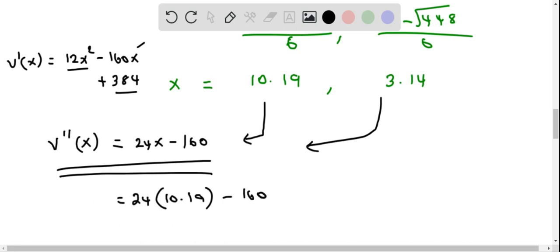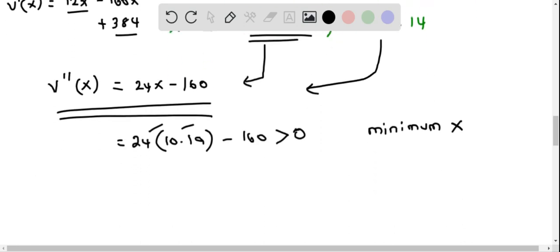This is going to be positive because if we approximate this to 10, 24 times 10 is 240, minus 160 is going to be greater than 0. And if it is greater than 0, according to the second derivative test, it's a point of minimum. So the volume is minimum when x equals 10.19. So we can ignore this. We do not need this.